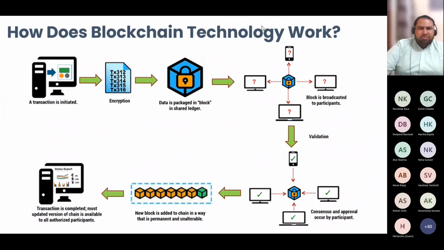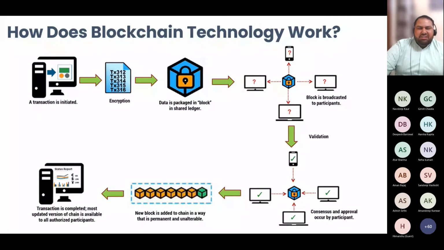So let's go through this flow diagram of how blockchain technology works. First of all, a transaction is initiated between one or more parties, then it is encrypted, and then the data is packed in a block in a shared ledger.